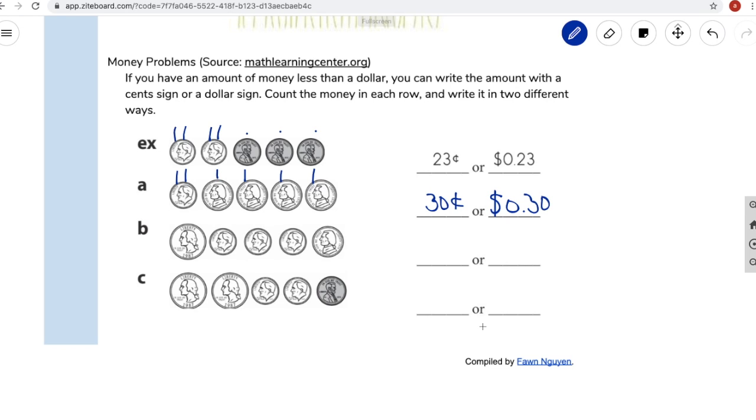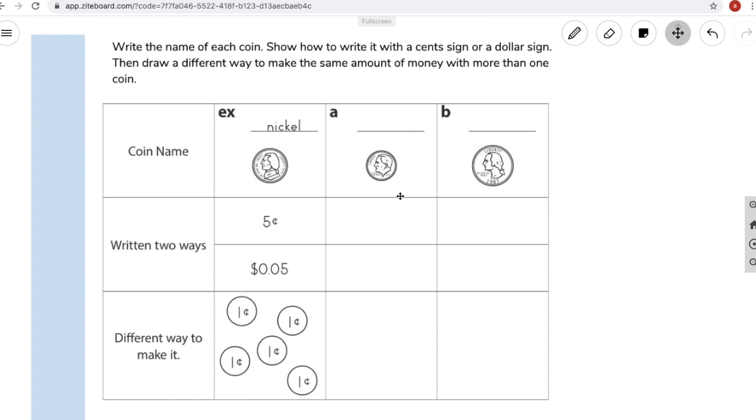All right. Now, down here it is asking you to write the name of each coin. Show how to write it with a cent sign or a dollar sign. Then draw a different way to make the same amount of money with more than 1 coin. So here we go. They gave you an example of a nickel. So you have to write the name of it at the top.